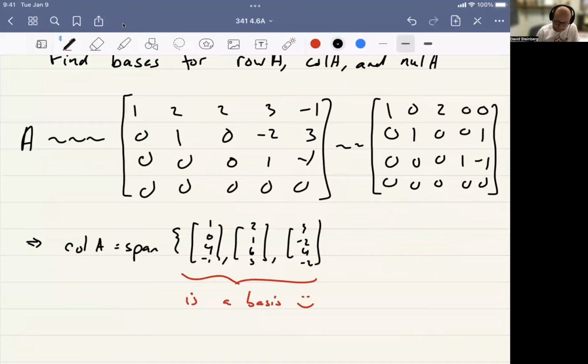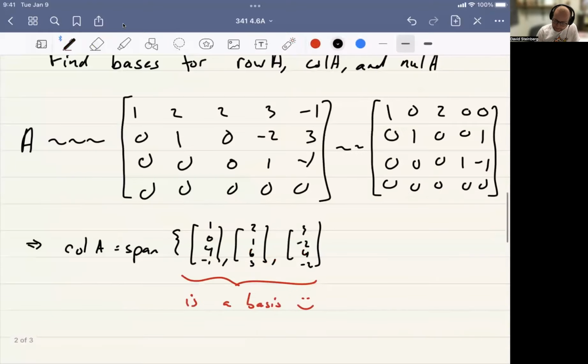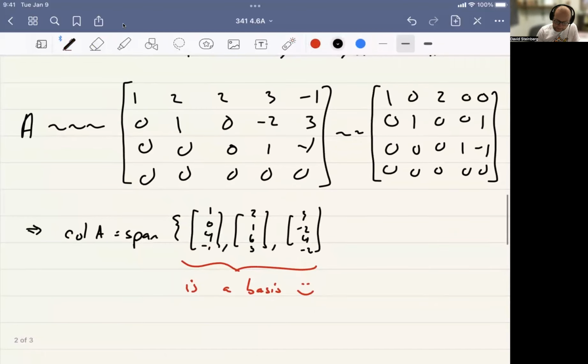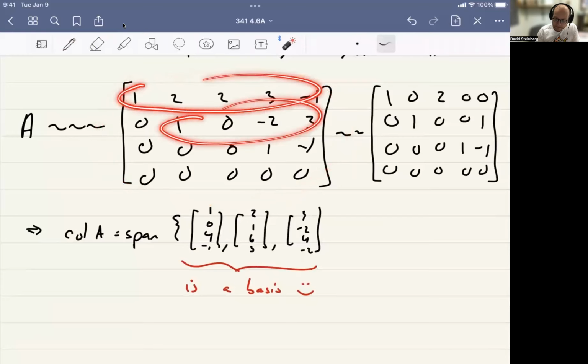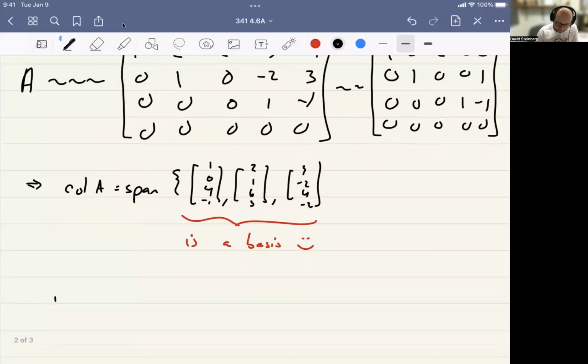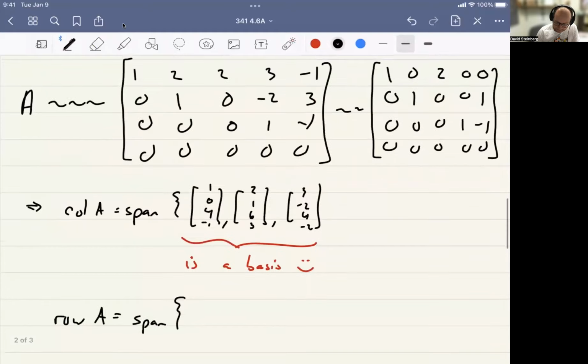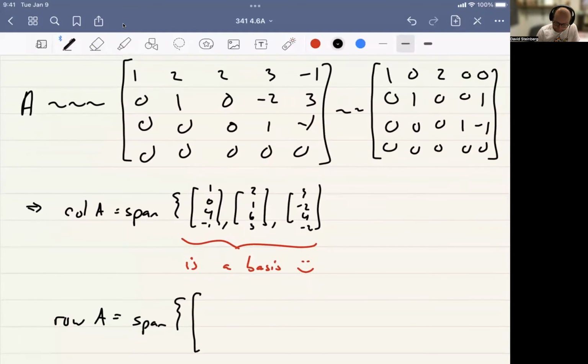Okay. What else do we know? Oh yeah. From here we can also pull off a basis for the row space just by taking the non-zero rows. So row A is the span of the vectors 1, 2, 2, 3, -1, and 0, 1, 0, -2, 3, and 0, 0, 0, 1, -1.